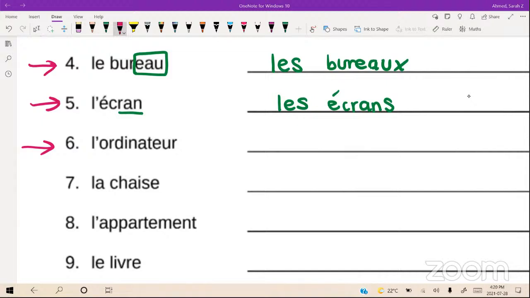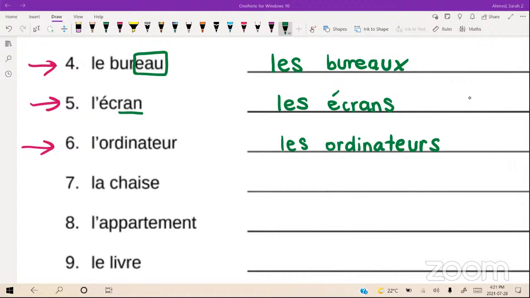I forgot to add the S. Very good. Les ordinateurs. Okay, it's okay the second time.